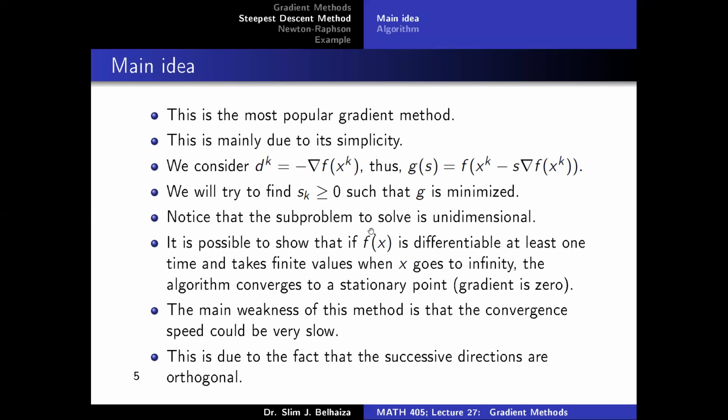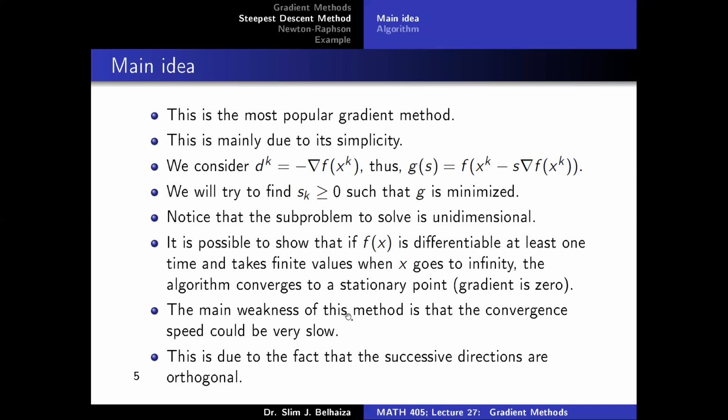So we will try to find sk that is positive such that g is minimized. Note that the subproblem to solve here becomes unidimensional, and it's possible to show that if f is differentiable at least one time and takes infinite values when x goes to infinity, the algorithm converges to a stationary point where the gradient is equal to 0.